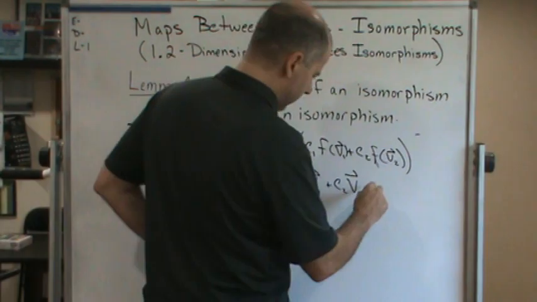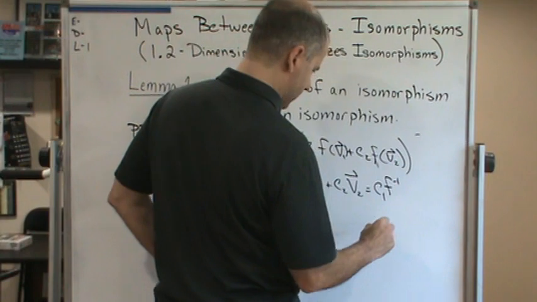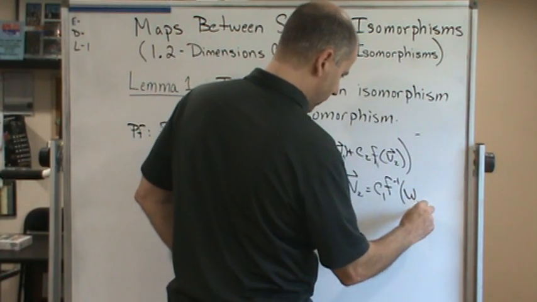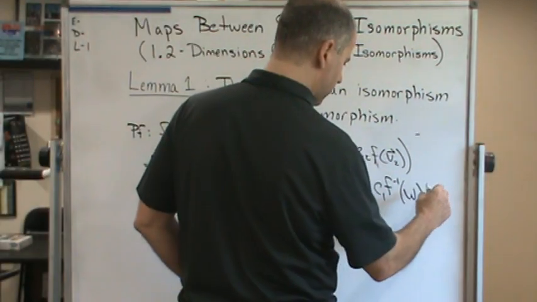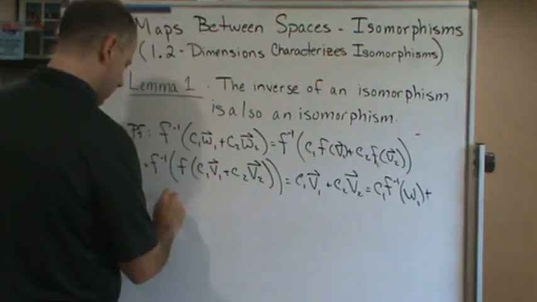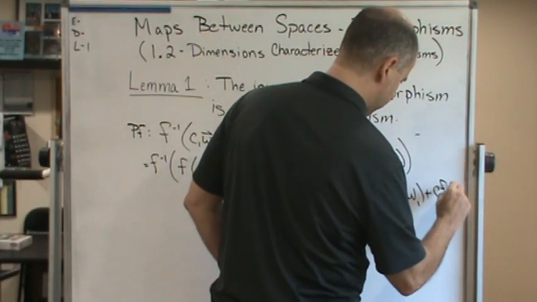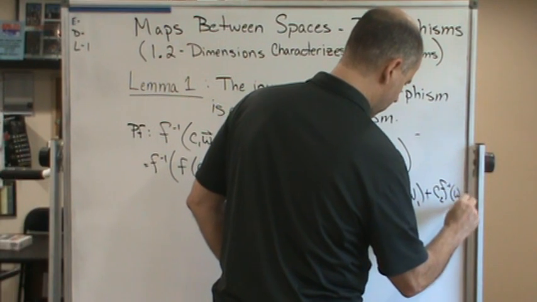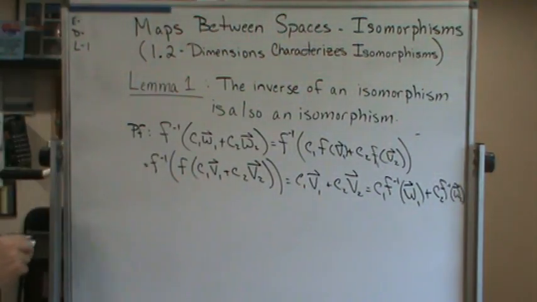Well, we know this: C1 times f inverse of W1, which is just what we were supposing, plus C2 f inverse of W2. Okay, so far so good.